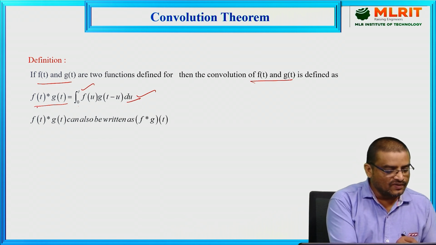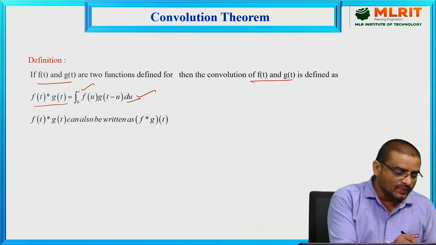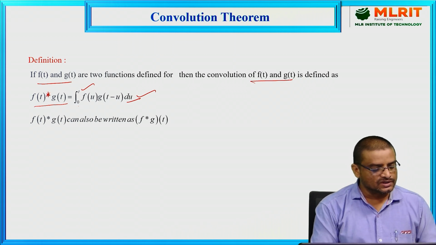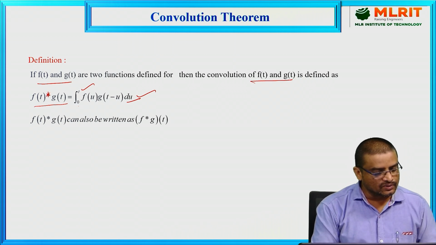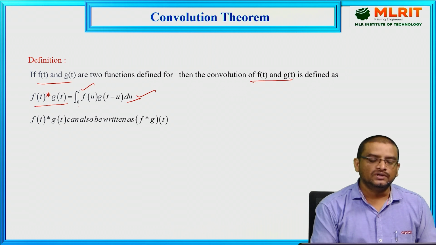So this f of t star g of t, we can read it as convolution product of f of t and g of t. So this star represents the convolution product of these two functions. F of t star g of t is equal to integral 0 to t f of u into g of t minus u du.